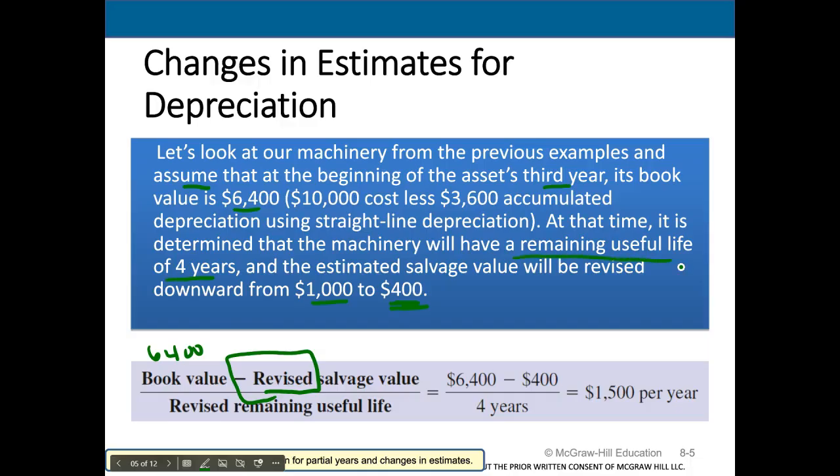From that point on, we're going to depreciate this asset by $1,500 per year for the next 4 years. That's how you calculate a change in estimate. You just start depreciating the year that you make the change, with the new depreciation, and you put a disclosure note in your financials.